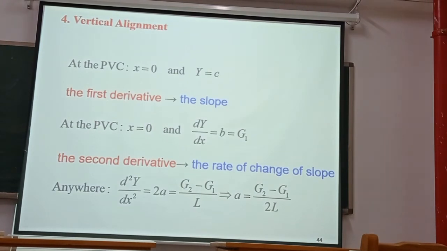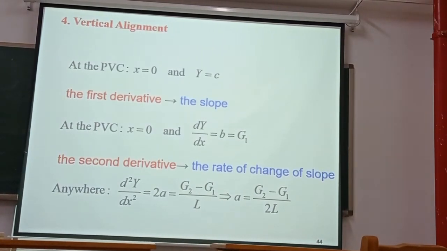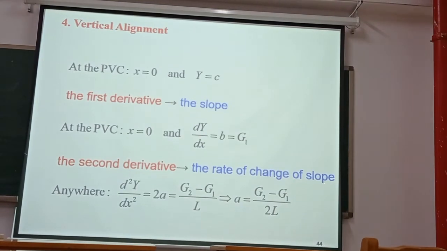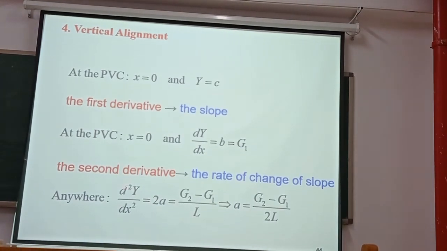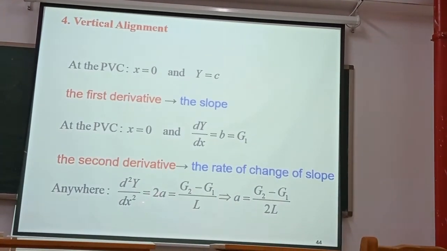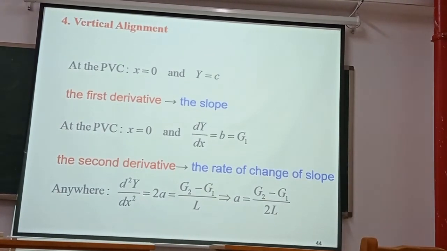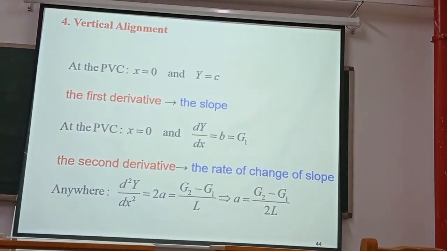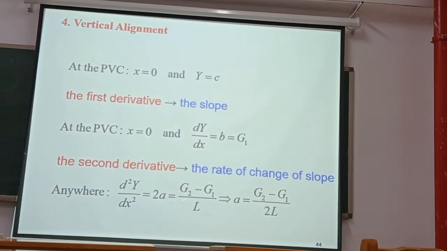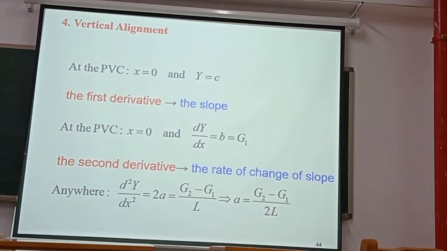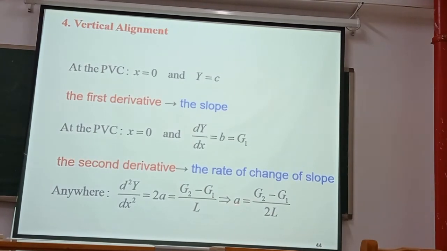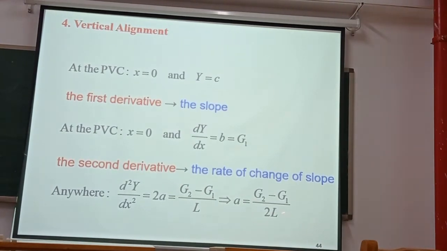And this is the first. And the second derivative is the rate of change of slope. We can get it everywhere. The second derivative d2y over dx squared is 2 times A. We can use this relationship: G2 minus G1 divided by L, and A is equal to this.